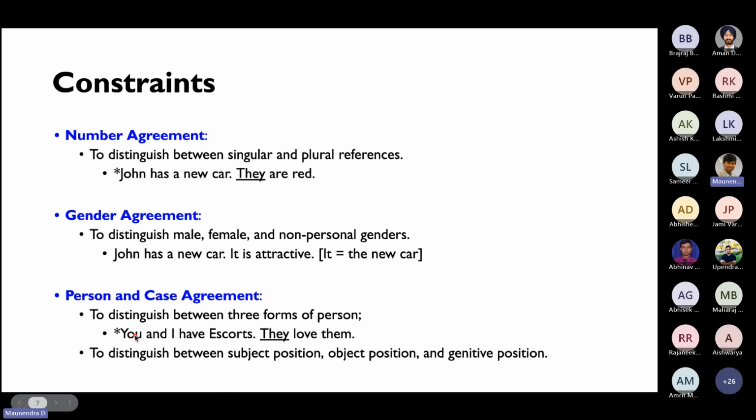I mean, here we do not know if it can be singular or plural, but this is second person and this is third person. So there is a person mismatch. Then this is first person and this is third person, again a person mismatch.